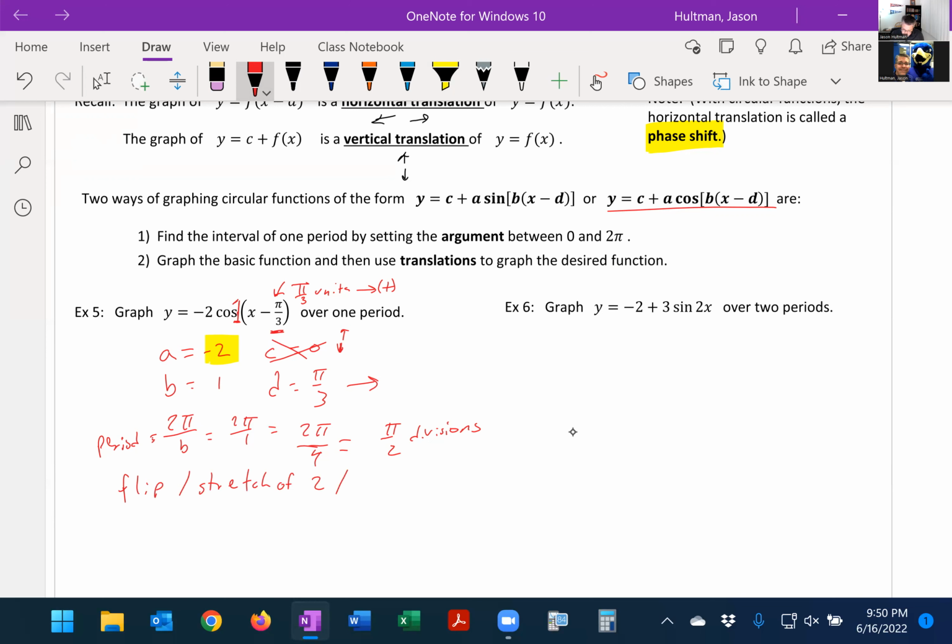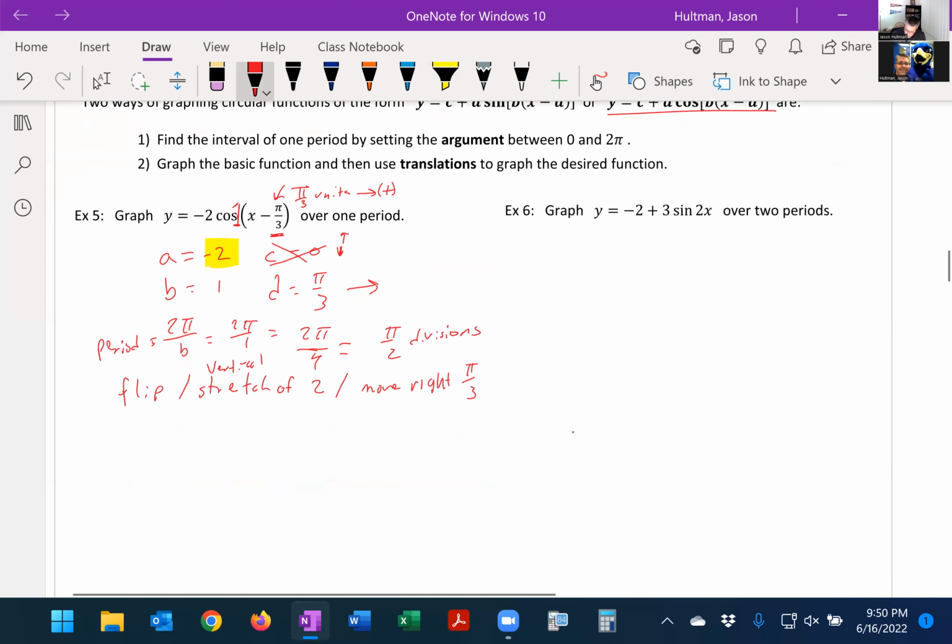And at the same time, we are getting that translation, that move right by pi over 3 units. So we're going to flip, we're going to stretch vertically, and we're going to move everything pi over 3 units.